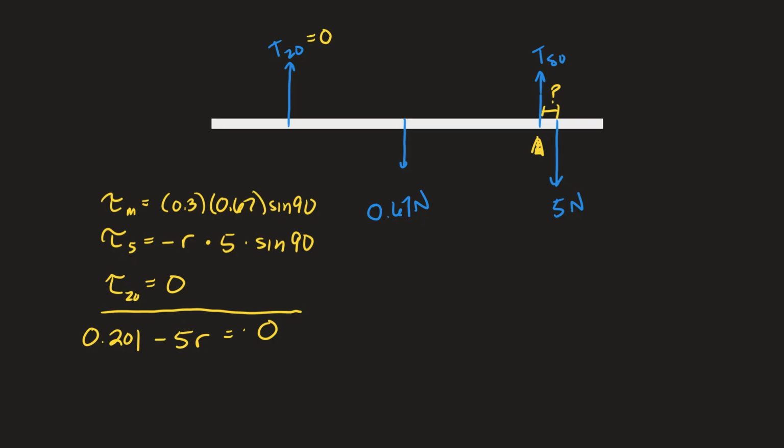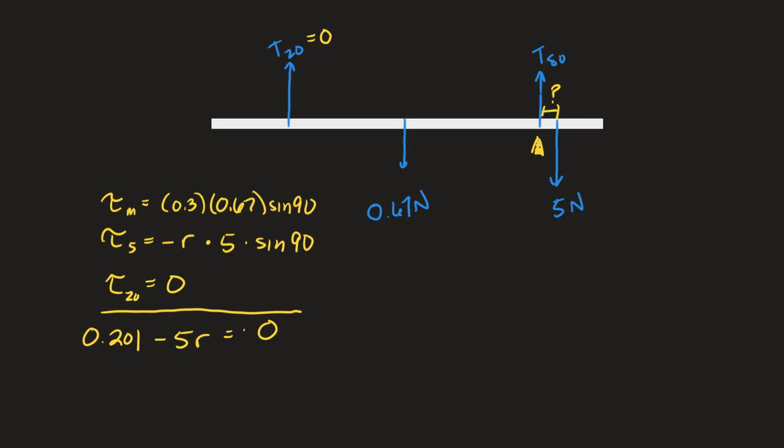For those of you who are not part of this conversation but would like to be, this force is causing our system to pivot this way about that point, and this force is causing our system to pivot this direction. So these 2 torques are in opposite directions. One causing a pivot into the board or clockwise, and one causing a pivot out of the board counterclockwise.